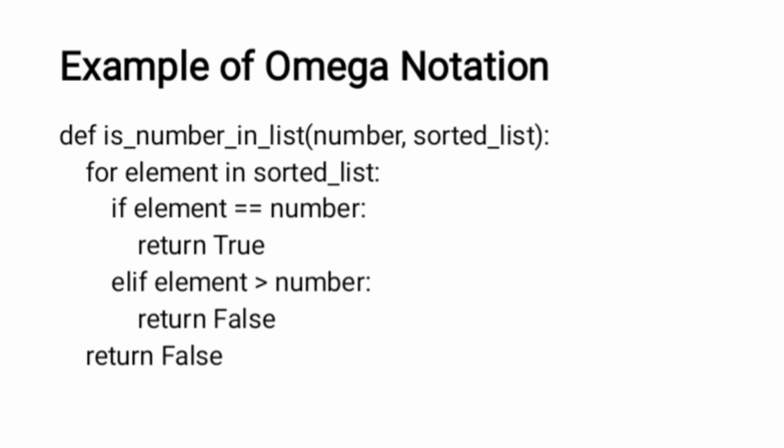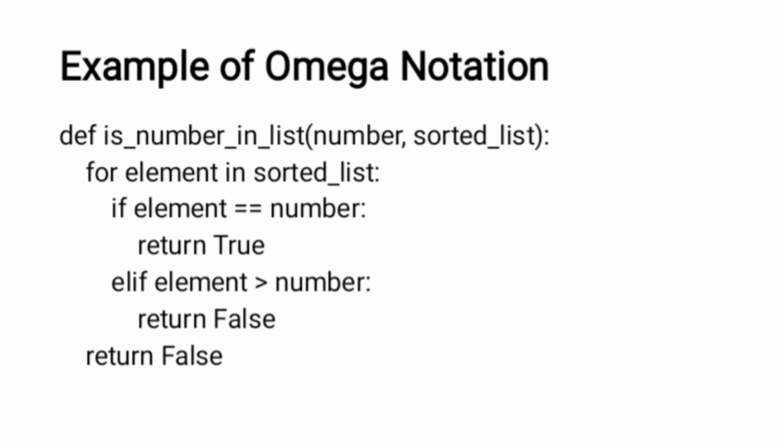If the loop completes without finding the number, the function returns false, indicating that the number is not in the sorted list. The function efficiently checks if a number is present in a sorted list by iterating through the list and comparing each element to the number.